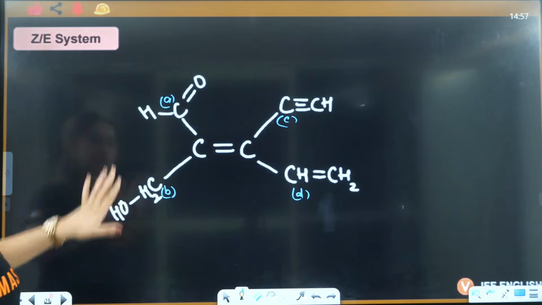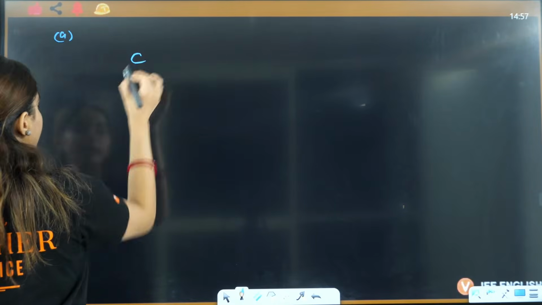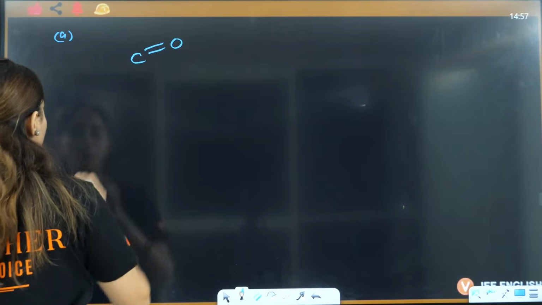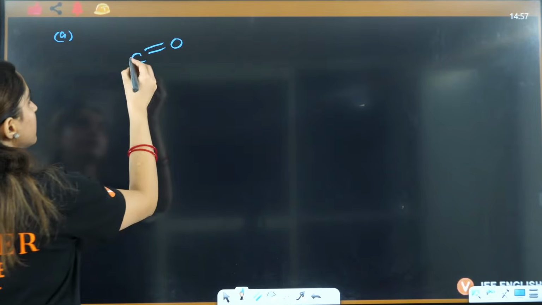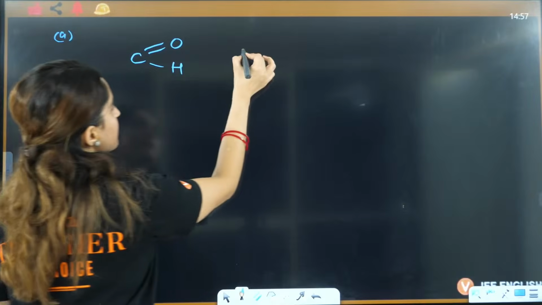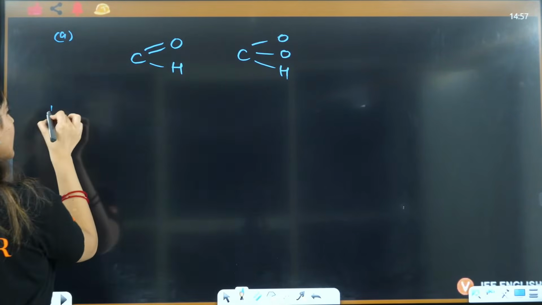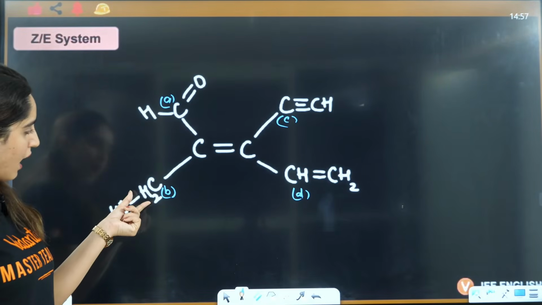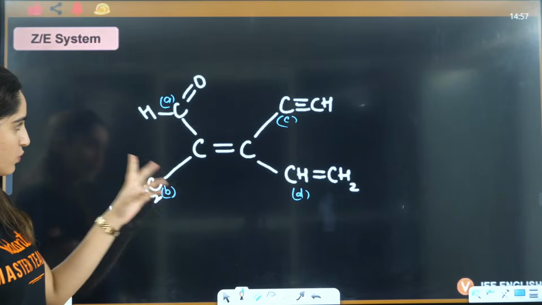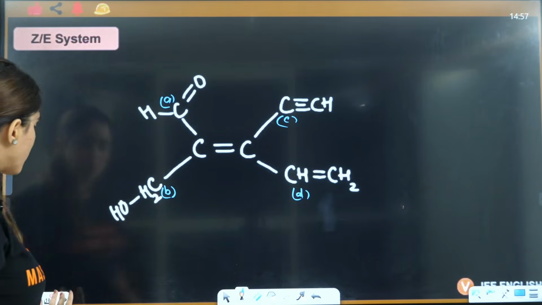In case of carbon A, it is C double bond O, and it is connected to one H. That means this carbon is connected to 2 oxygens and 1 H. In case of B, it is connected to 2 hydrogens and 1 oxygen, right?